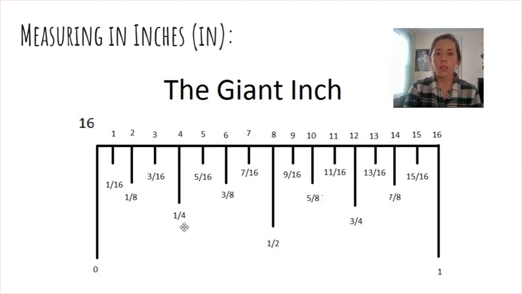Okay, and you can see here that this line right here, the longer line, not quite the half, right? But the longer one, right in between the half and 0, is 1/4 of an inch. Okay, and that's how you start to kind of recognize that. You don't always have to go 1/16, 2/16, 3/16, 4/16.